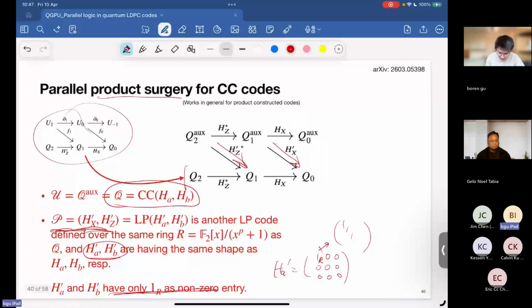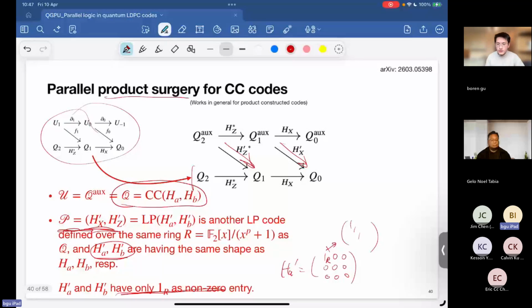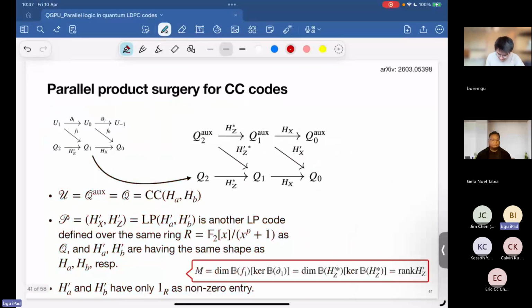And for commuting reasons, we want HA and HB to be in the same shape as the seed codes that we choose for the data patch. Due to the time limitation, I don't want to expand on how the number of measurements that we can do is derived.